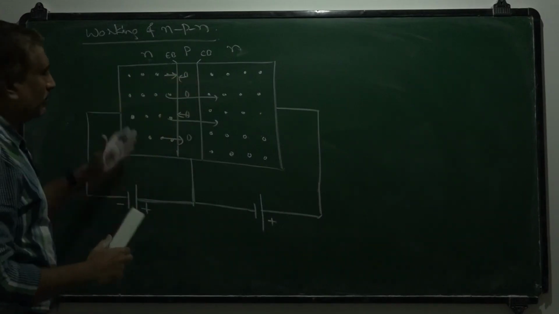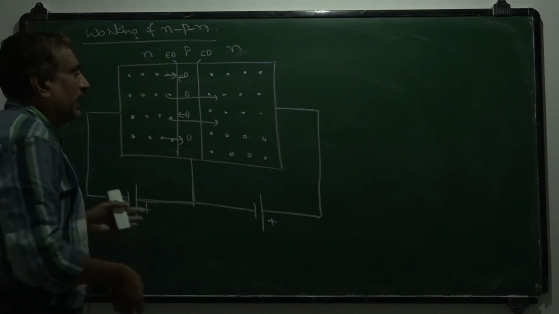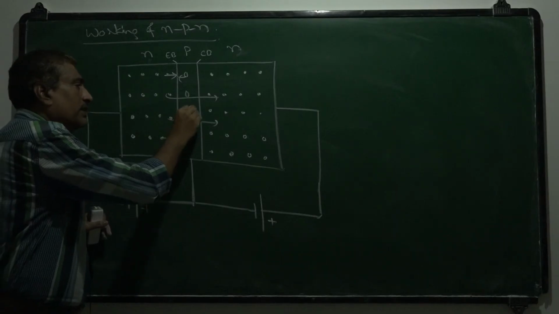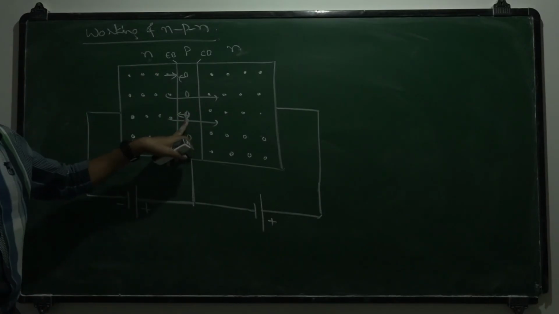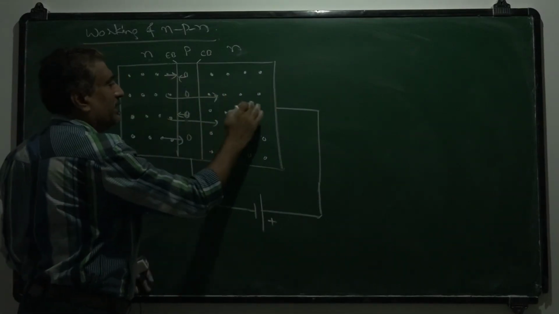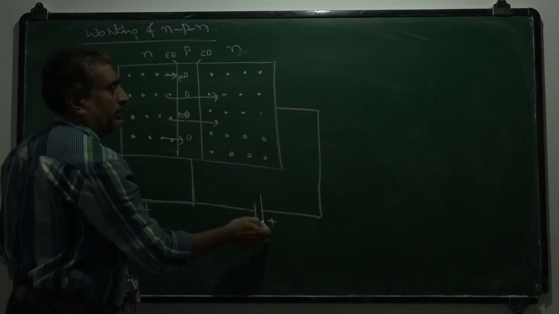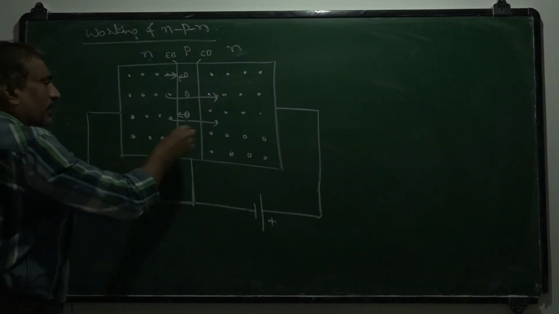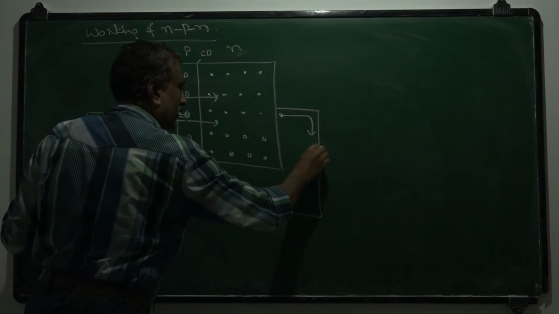By the forward bias they move towards the base region and enter into this base region, where they may combine with some of the holes. The remaining electrons enter into the collector region, where they are swept out by this positive polarity.